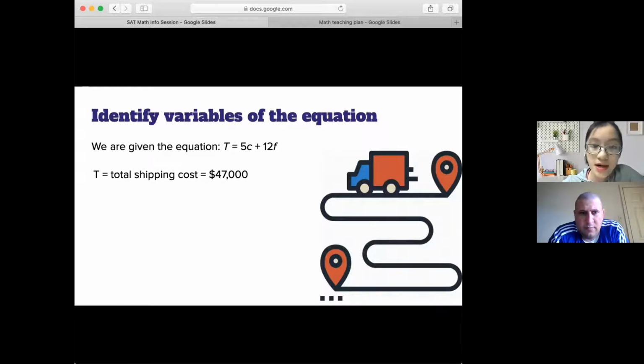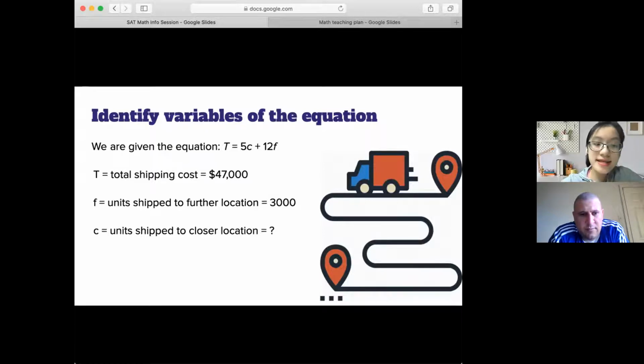T is the total shipping cost, which is $47,000. F is the units shipped to the farther location, which is 3,000. And C is the units shipped to the closer location, which is unknown, and is what we're trying to find here.